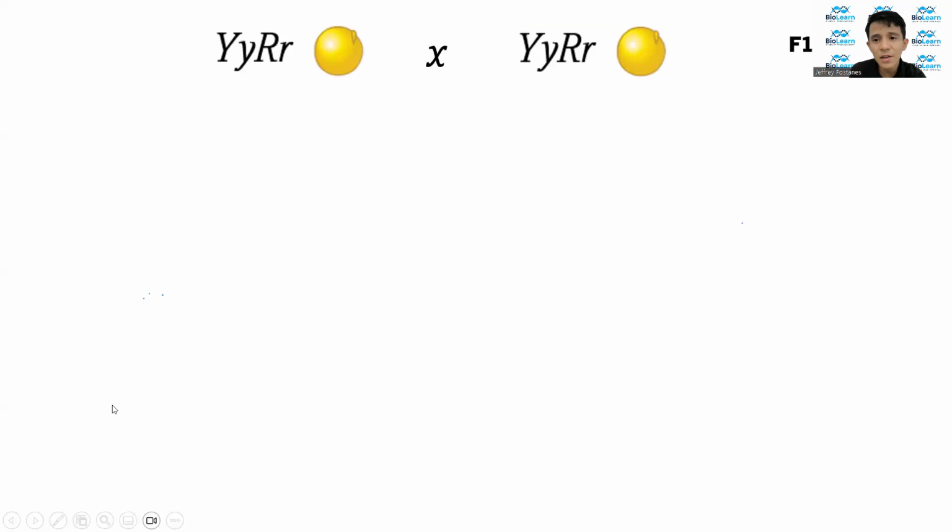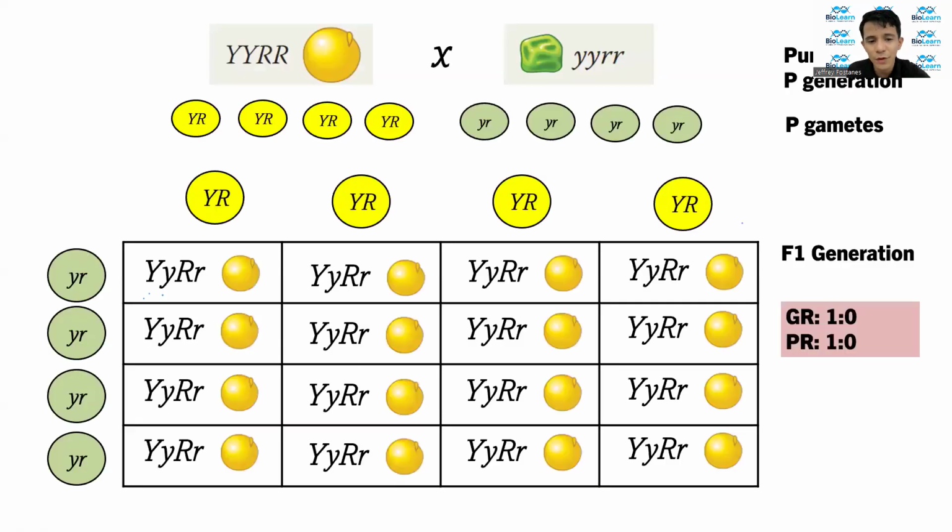Okay? Now, for the second generation, we will try to cross the offspring that we have from the first generation. So we'll get 2 from here.